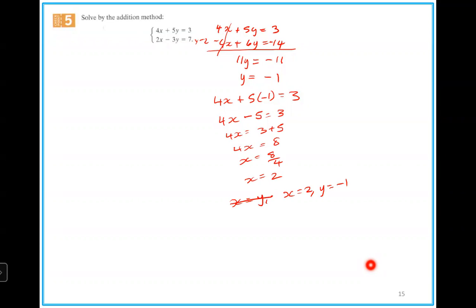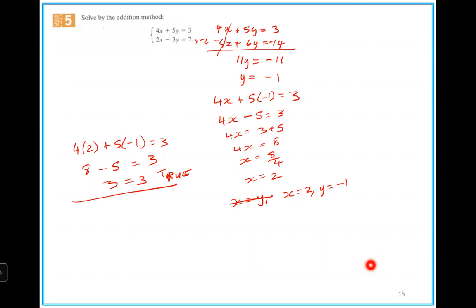We check our answer. So you'd say 4 times 2 plus 5 times -1 equals 3. 4 twos are 8. 5 times -1 is -5. And 8 minus 5 equals 3. 3 equals 3. So that's true for the first one.